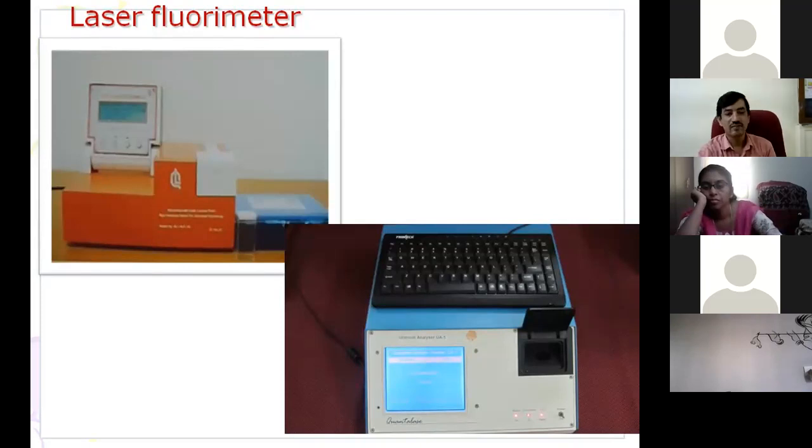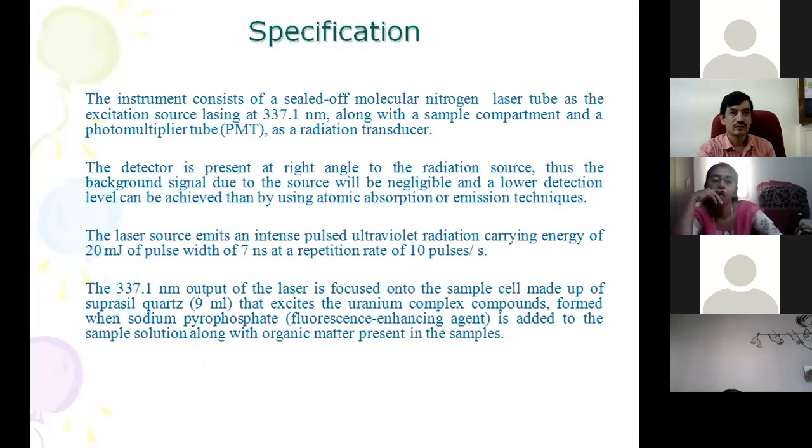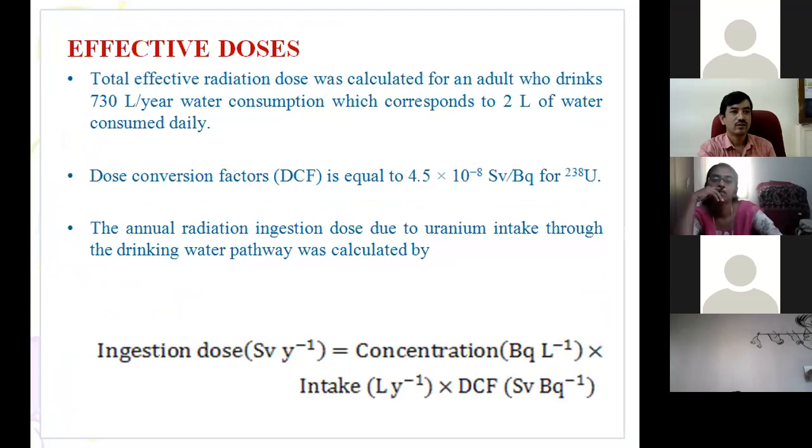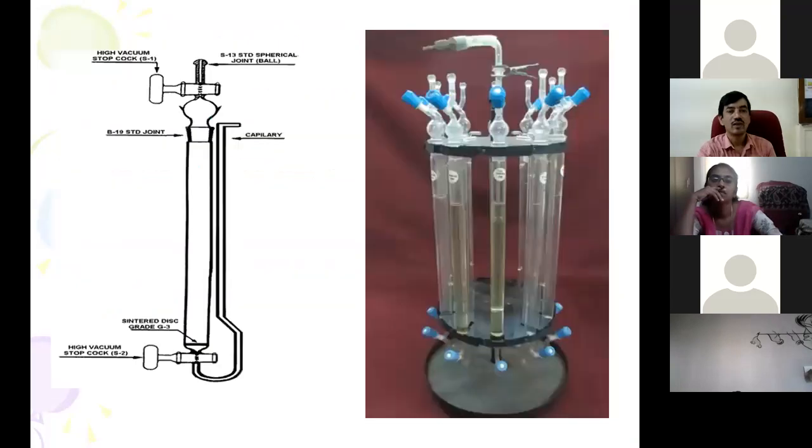Using this device, we can get the concentration of uranium in all types of clear liquid samples. That means in water, and if you dissolve any organic material or other material in suitable solvent, you can get the concentration of uranium in those materials. Radon concentration can be measured using radon bubblers.